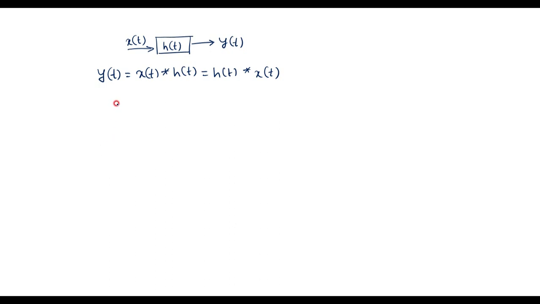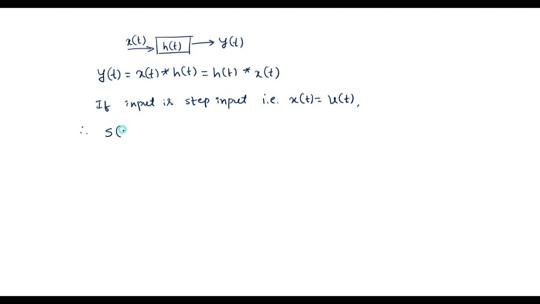So here also let me consider the input signal as a step signal. If the input is a step input, that is x of t is equal to u of t, in that case the response is represented as the step response and is denoted as s of t.